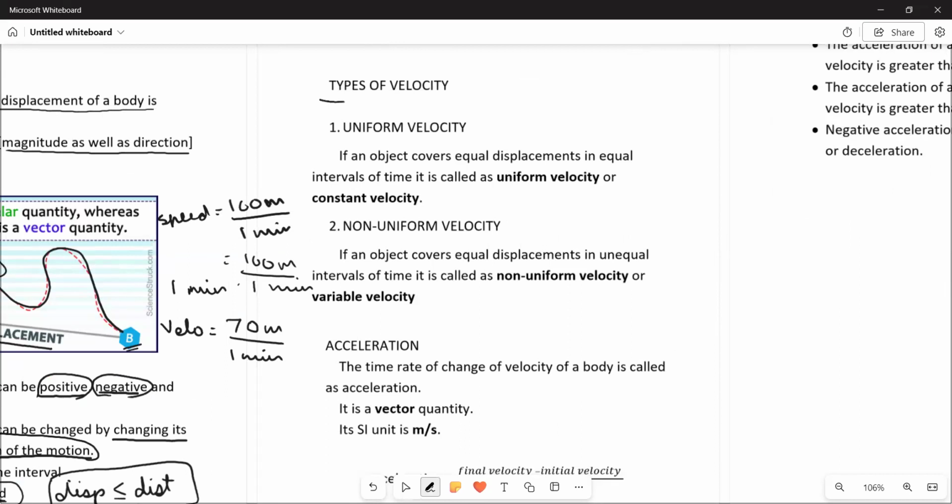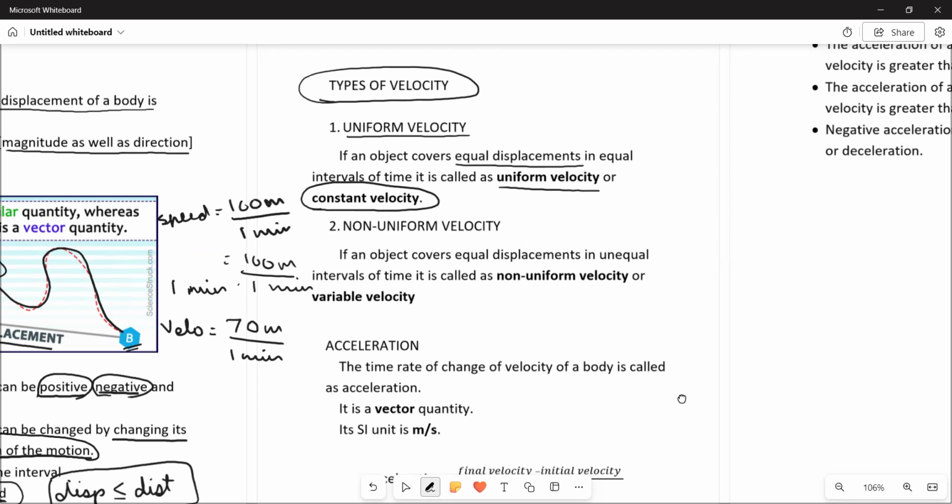discussing the different types of velocities, in which the first is uniform velocity. It is the same as uniform speed. When an object covers equal displacements in equal intervals of time, it is called uniform velocity or constant velocity.